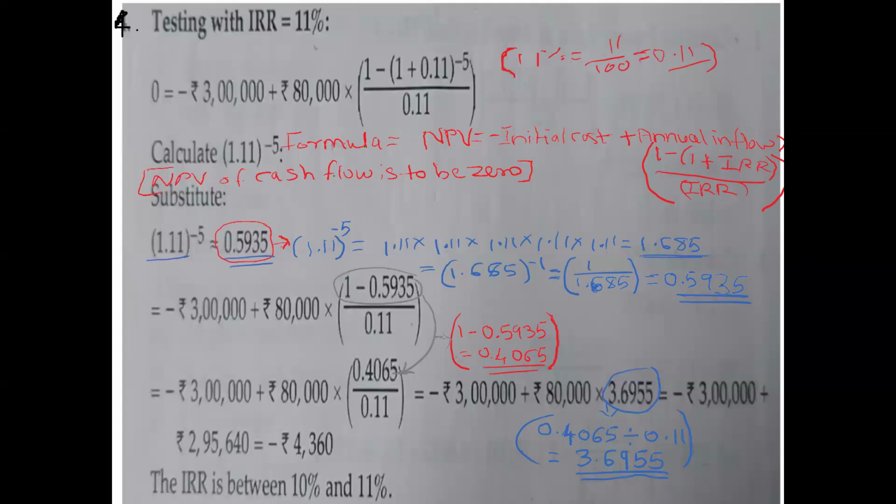Now we will calculate: minus 3 lakhs plus 295,640 is equal to minus 4,360. So the IRR is between 10% and 11%.